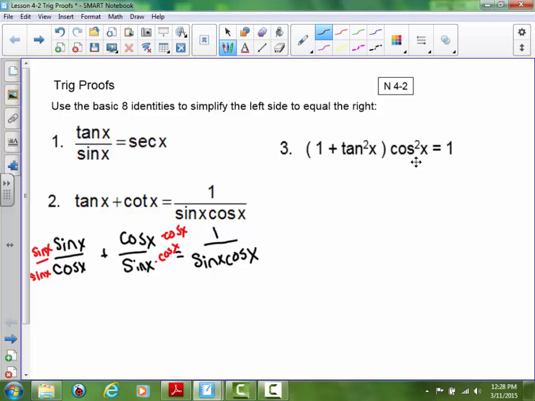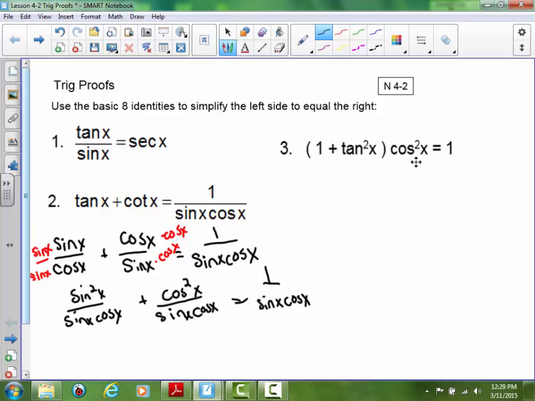And we now have sine squared x over sine x cosine x plus cosine squared x over sine x cosine x equals 1 over sine x cosine x.